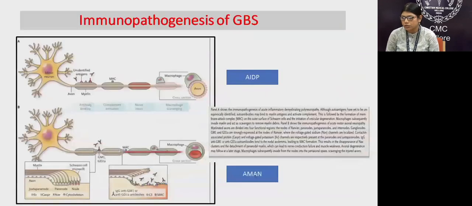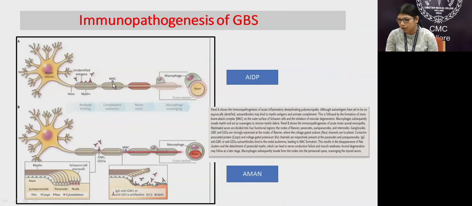So the immunopathogenesis of GBS, we'll just discuss AIDP and AMAN quickly. Whenever there is an autoantigen which triggers the event, the autoantibodies will bind to the myelin and then activate the complement system, and hence a membrane attack complex is formed.